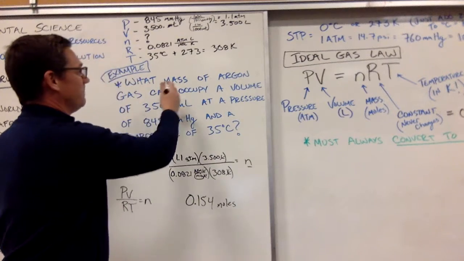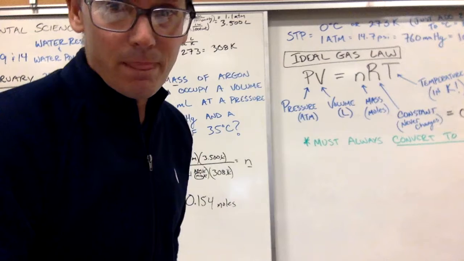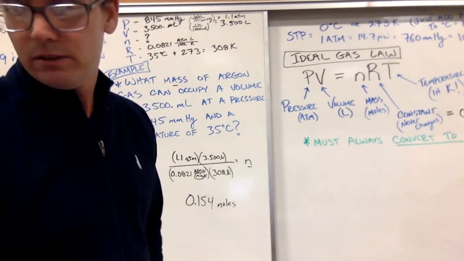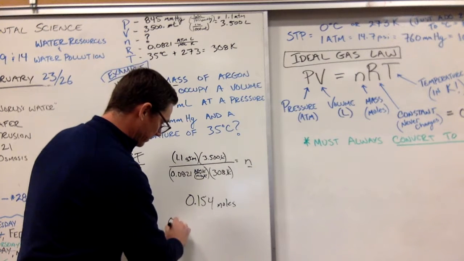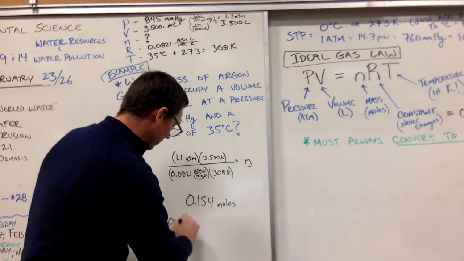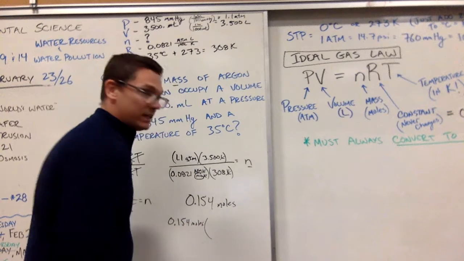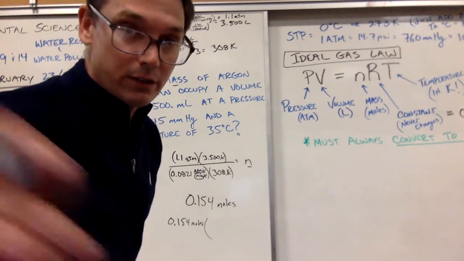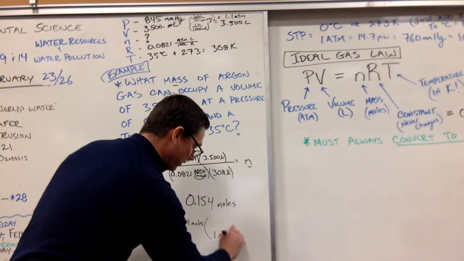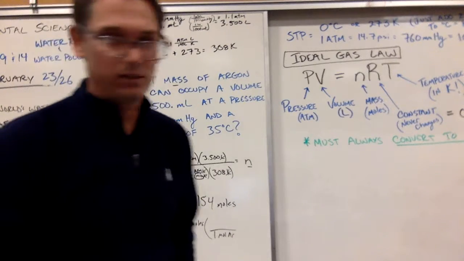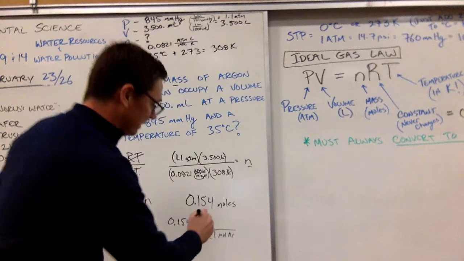Now, it says what mass? Usually mass might not be in moles, but we can convert it to grams quite easily, right? So if we have 0.154 moles, we can just take a look on our periodic table, right, and convert it, because we know that in every 1 mole of argon gas, there are, I think it's 39, let me check real quick, 39.95 grams.